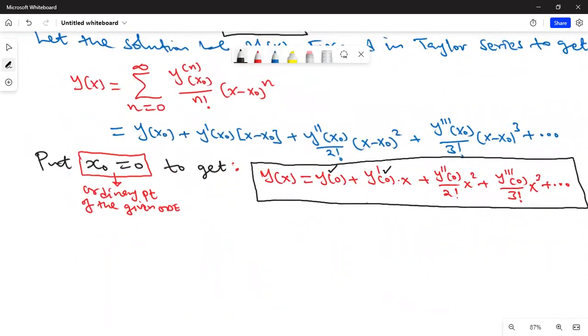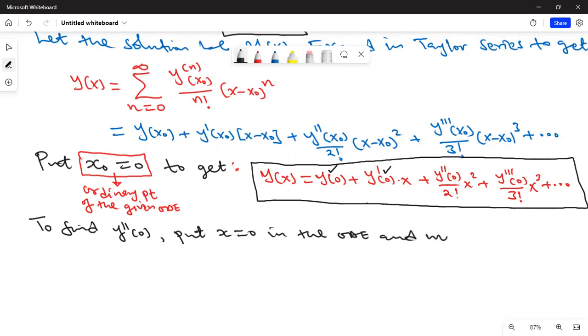To find y double prime of 0, put x equal to 0 in the ODE and make y double prime of 0 the subject.